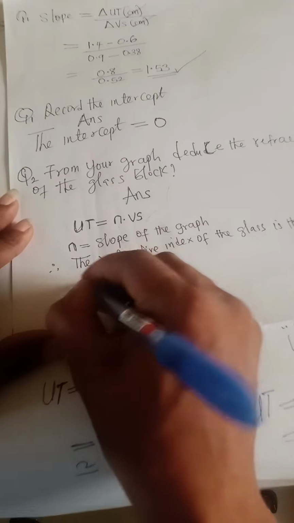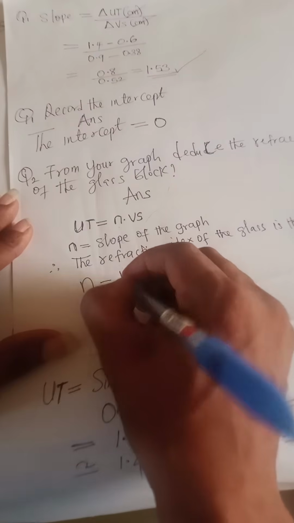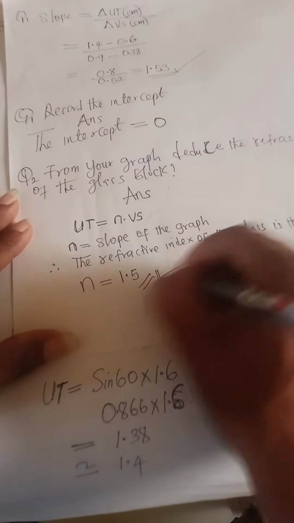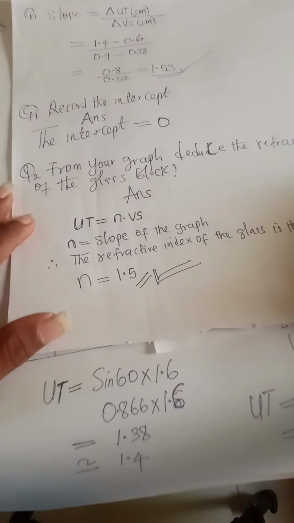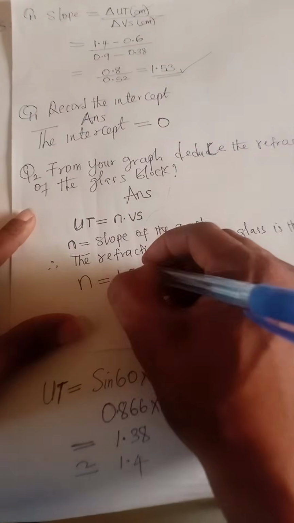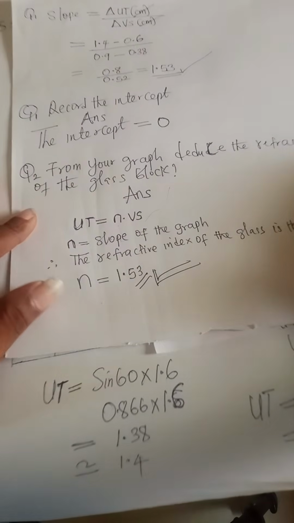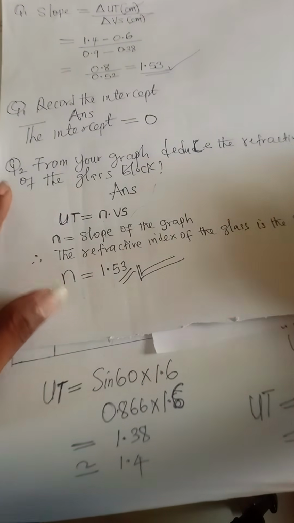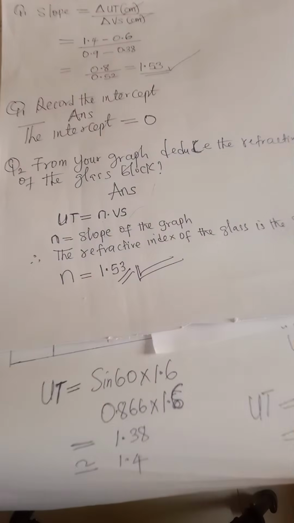You can now say that N is equal to 1.5. That is exactly what I got from my graph. Okay? This is 1.5, or I can say 1.53. That is the refractive index here. So this is how I can comfortably solve this particular one.